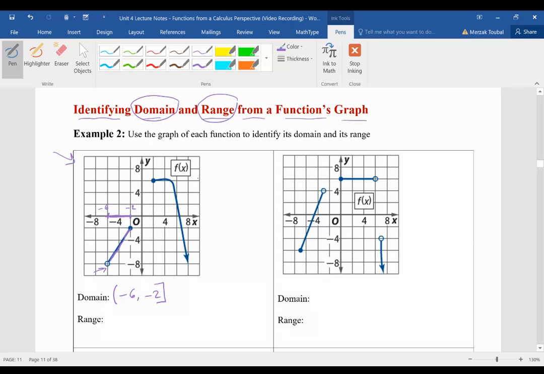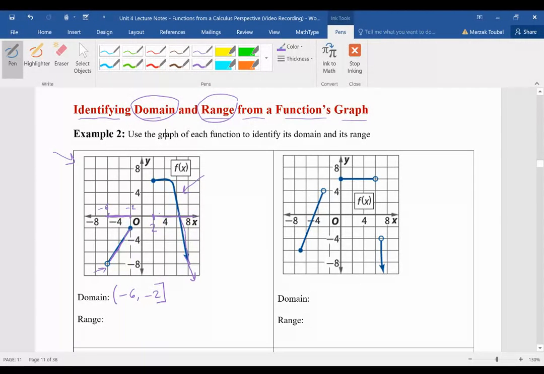Then we have the other part of the graph, which is this curve. It starts at 2, but it extends to infinity, as you see the graph going down while moving to the right.